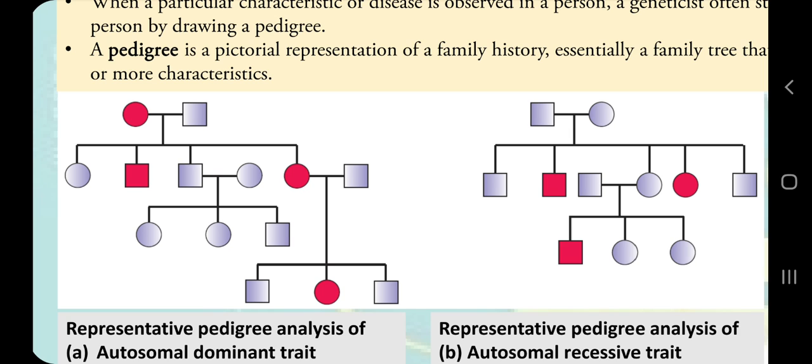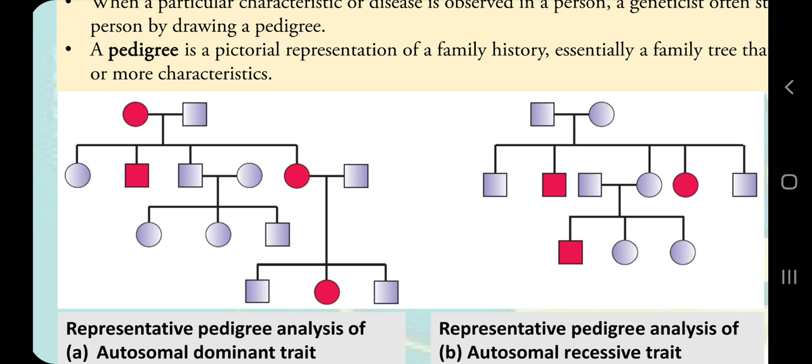For example, if you imagine that any gene for any disease or any character is located on the Y chromosome, then only boys will have that disease. Girls will not have that disease because girls do not have any Y chromosome, and that disease will be passed from father to son for sure, because we get the Y chromosome as it is from our father.